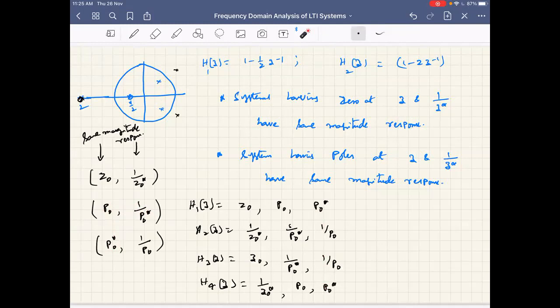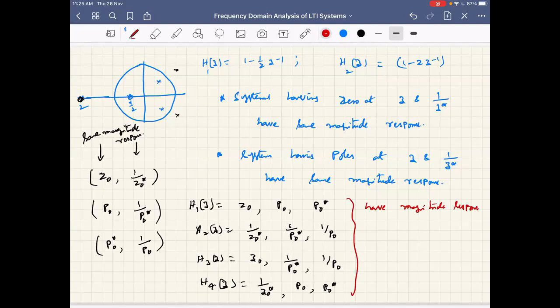Now among all these possibilities having the same magnitude response, which is the preferred system?